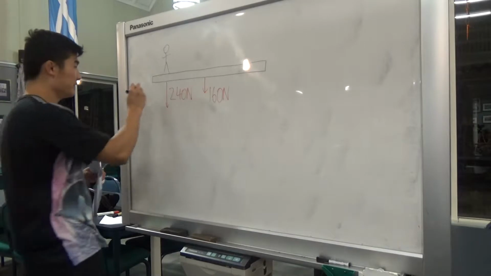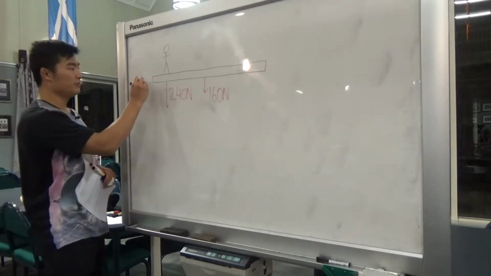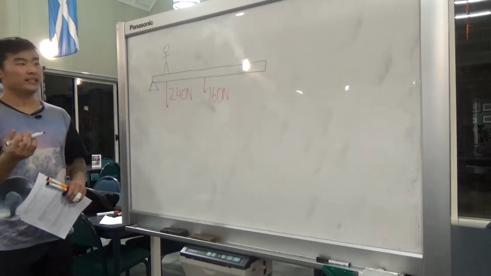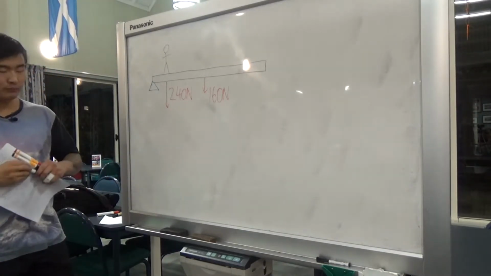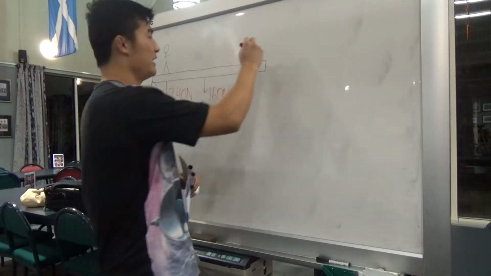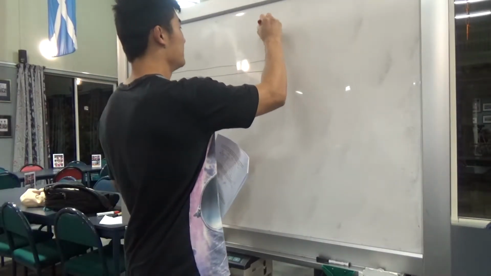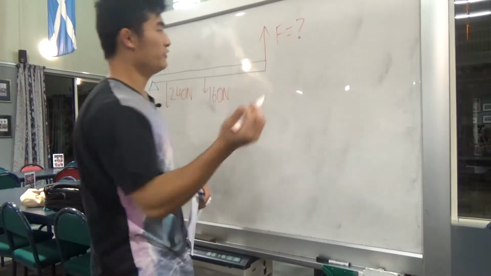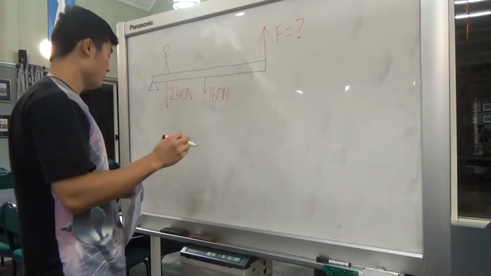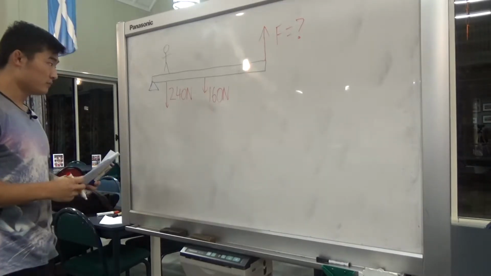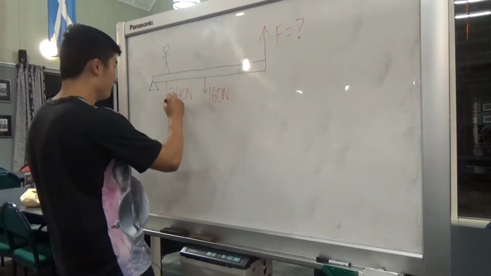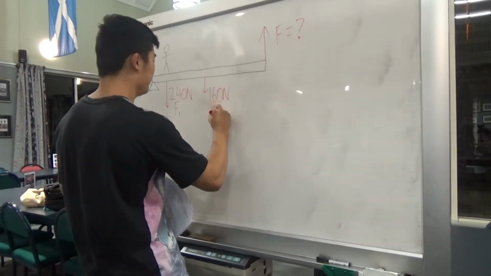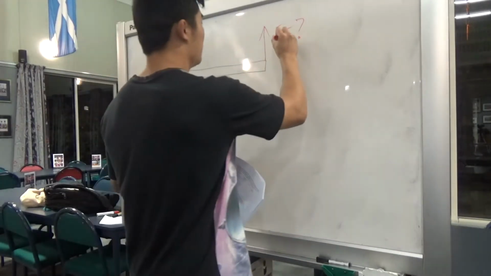So I'll just write down the distance. So let's say the fulcrum will be here. So this is our fulcrum on the other end from where we will apply our force. So we're going to apply our force at this end here. Right? So we want to find out how much force we have to apply. Okay. So let's call this F1, and let's call this F2, and let's call this F3.